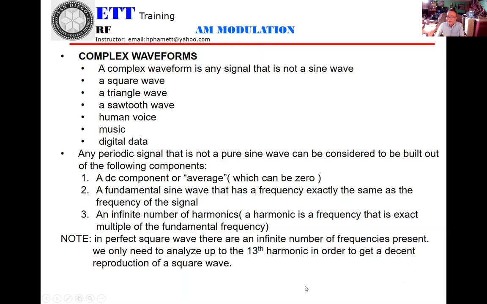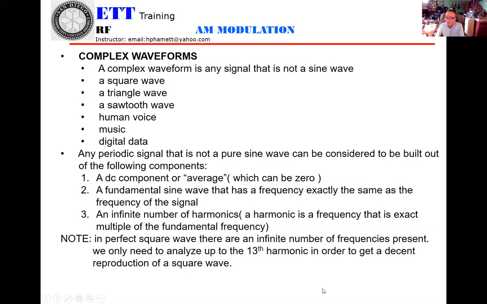Any periodic signal that is not a pure sine wave can be considered to be built out of the following components. First, a DC component or average.